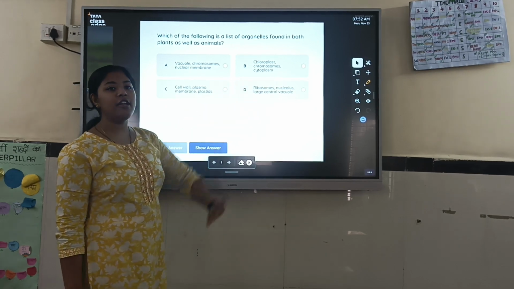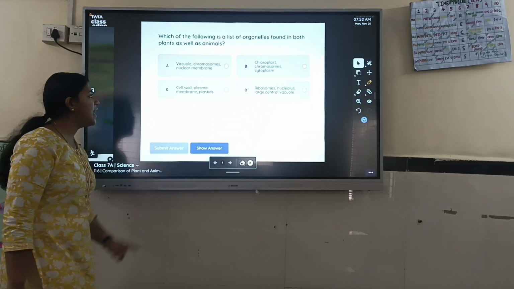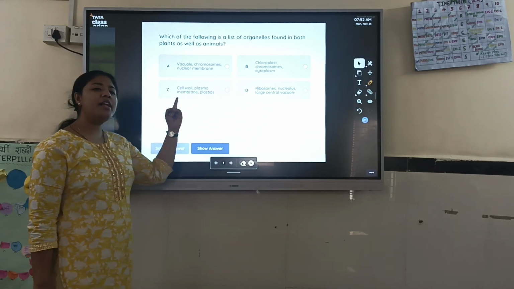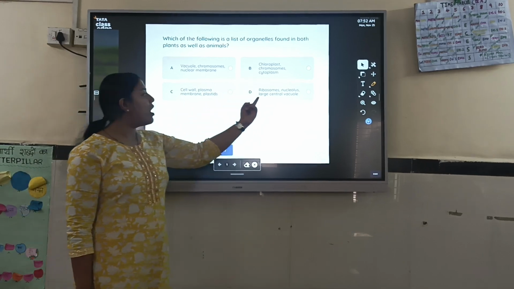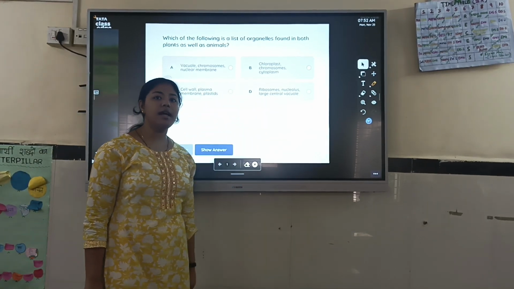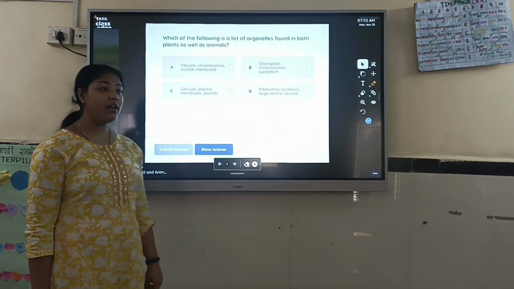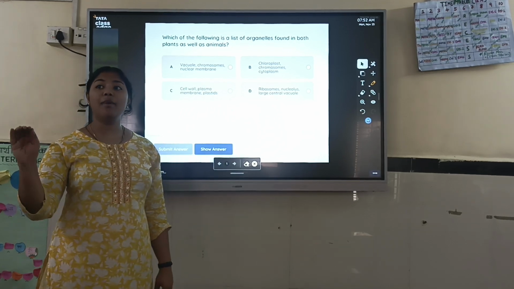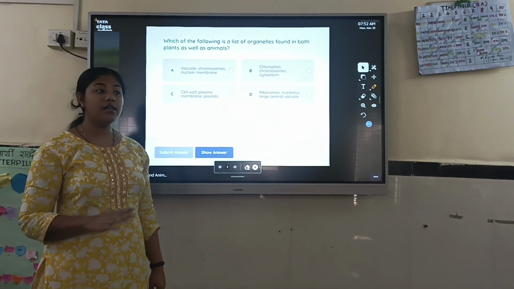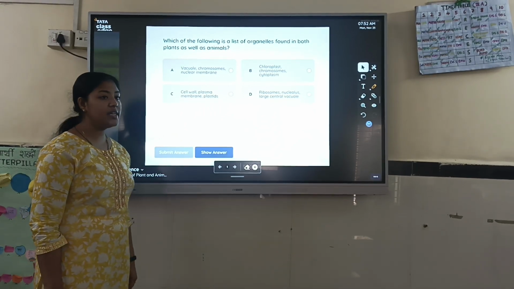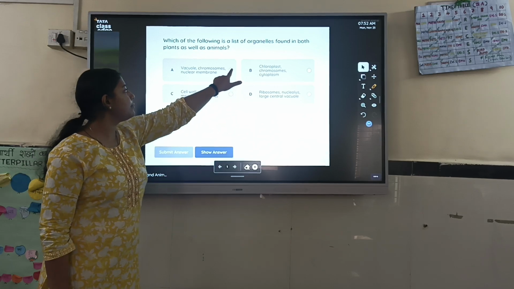So B is definitely not the option. C, cell wall. Do we have cell wall in our animal cell? No. Again, this is wrong. Then large central vacuole. Is large central vacuole present everywhere? No. We have small vacuoles in animal cell and large vacuole only in the plant cell. So the correct option is A.